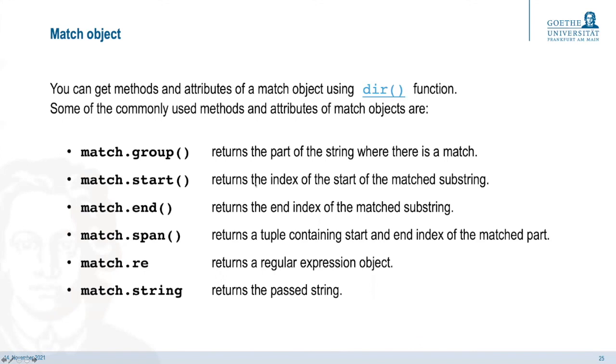Start returns the index of the start of the matched substring, and end returns the end index of the matched substring. Span returns a tuple containing the start and end index of the match. So span is like the combination of the previous start and end methods. Re returns a regular expression object, and string returns the passed string.